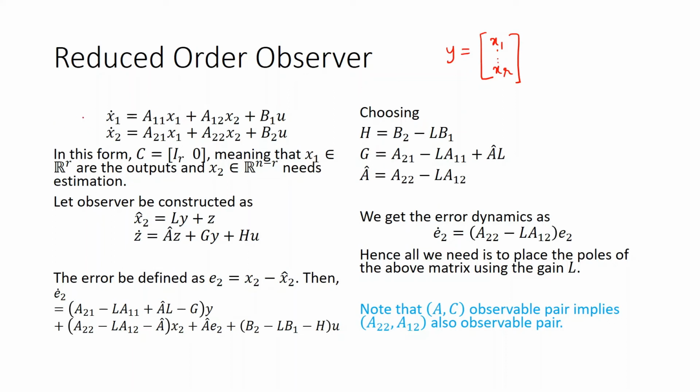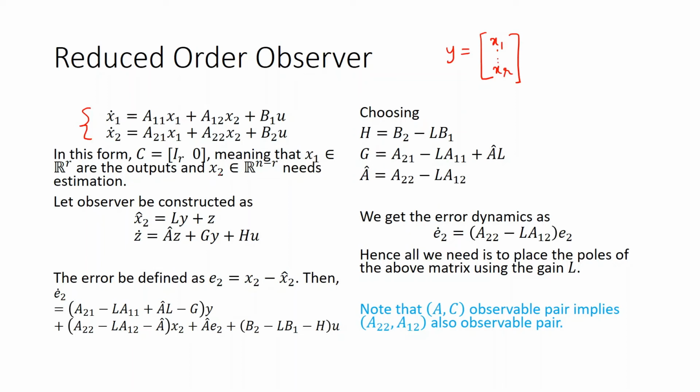Now I have divided the entire states into two blocks. One is x1, another is x2, and this x1 is in the Rth dimensional real state space. So C is I_R 0, and this means that x1 is basically the output. So it is not required to estimate x1, because you are measuring x1 anyway.